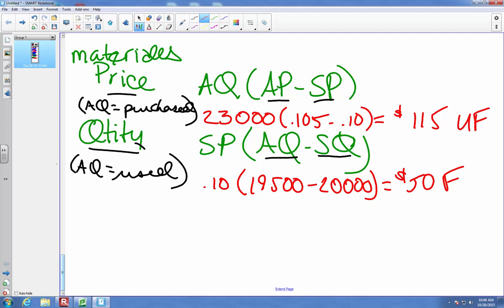But 115 and 50 when they net is $65, and that wasn't what we calculated for the total, was it? And the reason is I purchased and used different amounts. So obviously mathematically they're not going to net to the same total number.